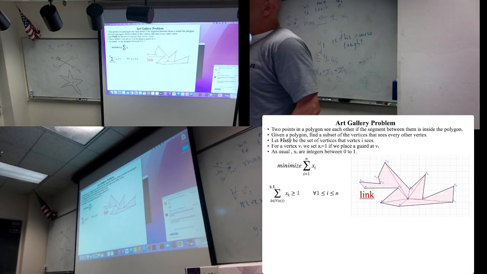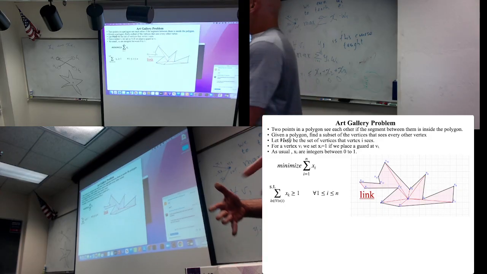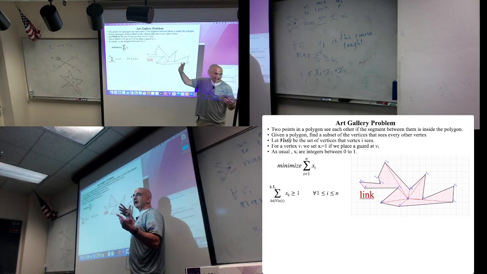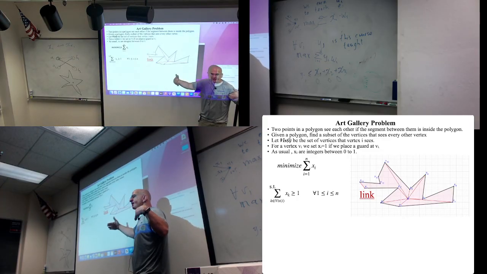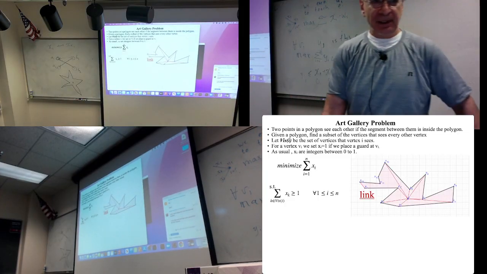Why do we solve it with ILP? Either because we have another algorithm or heuristic and we want to compare it to the optimum, and ILP is guaranteed to give you the optimum. For the problems that you give it, it might take a lot of time to run, most likely, but it will eventually spit out the optimum.